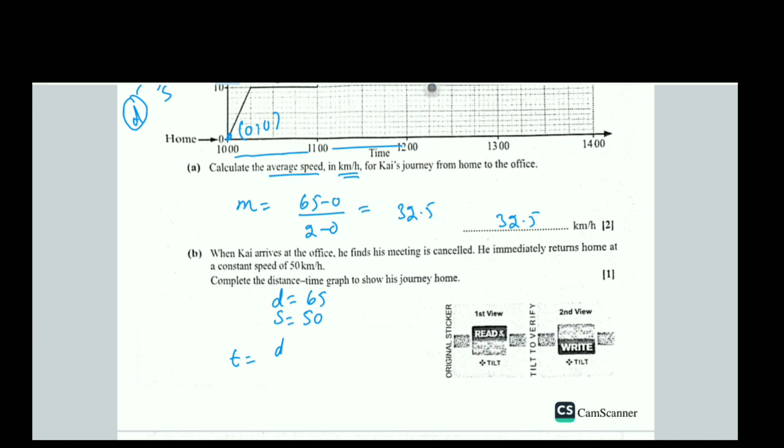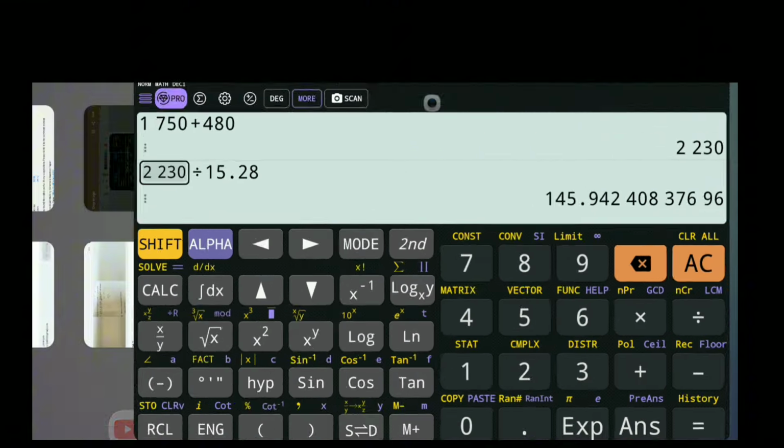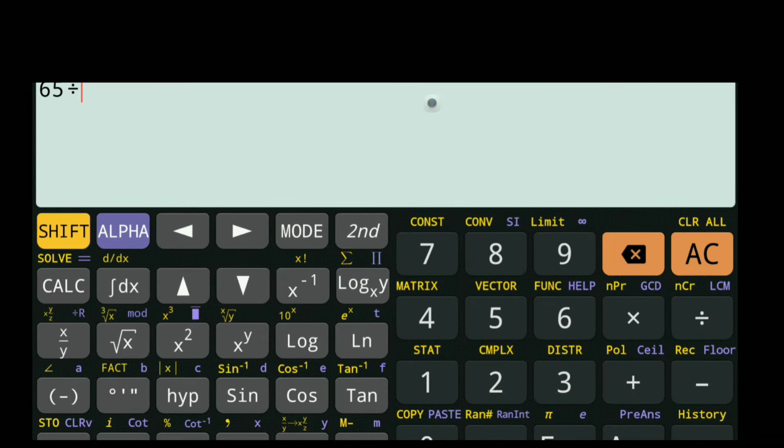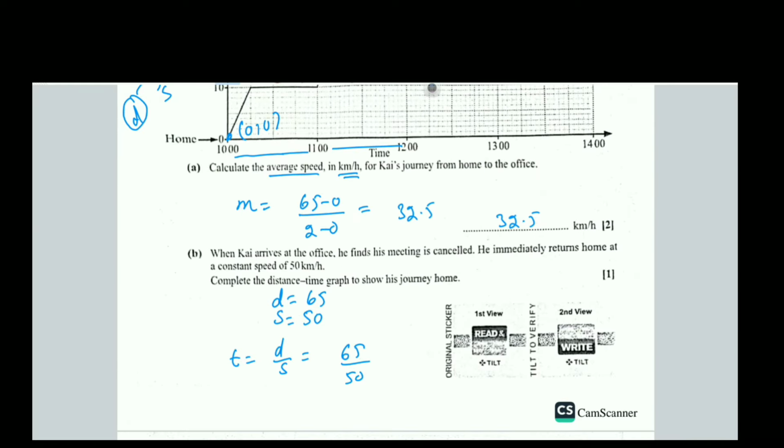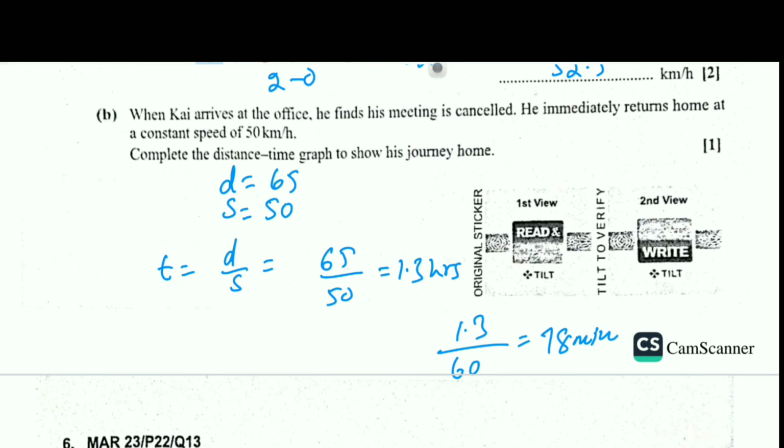First of all, we will find the time. Time is distance over speed, that is 65 over 50, and that is 1.3. 1.3 hours is the answer. Now 1.3 hours will be converted into minutes.